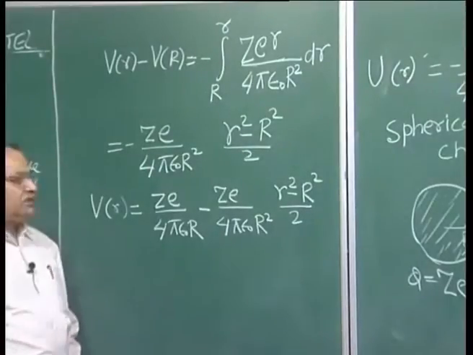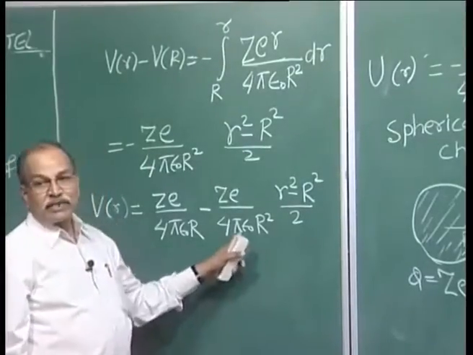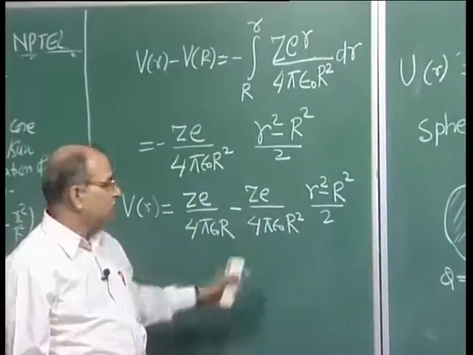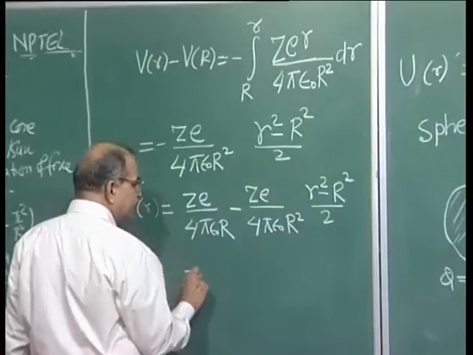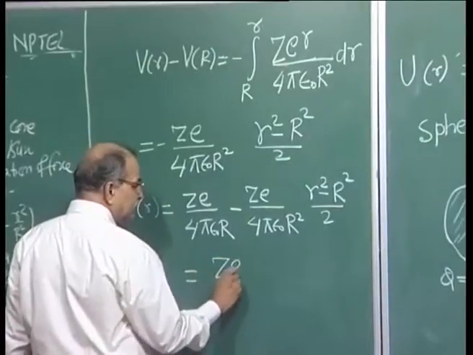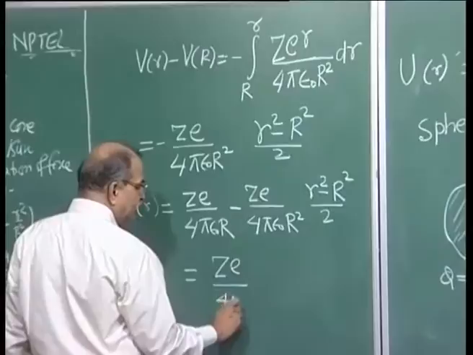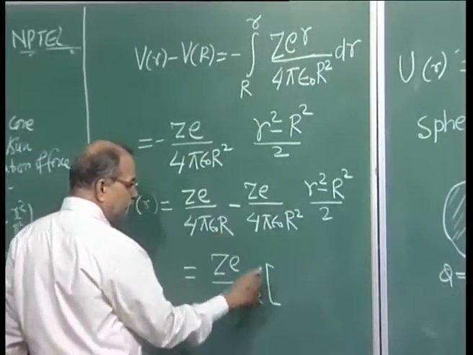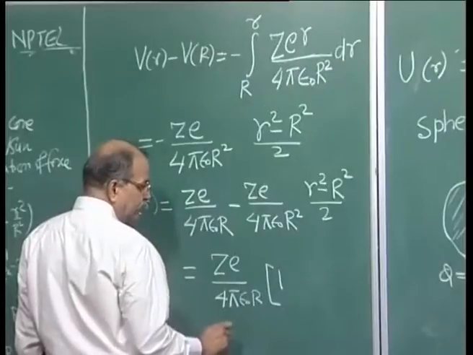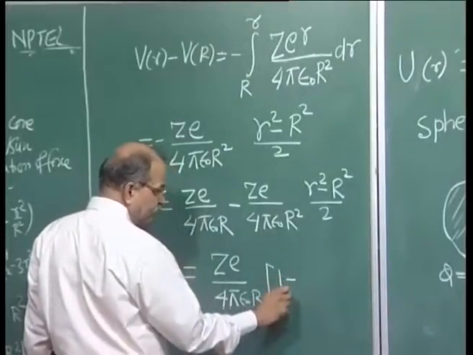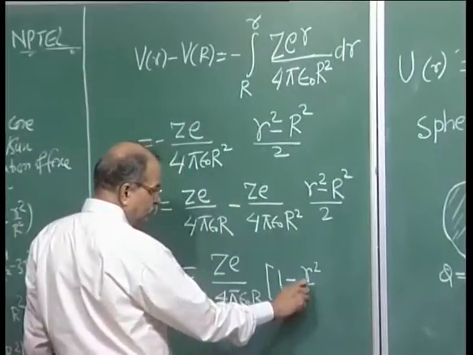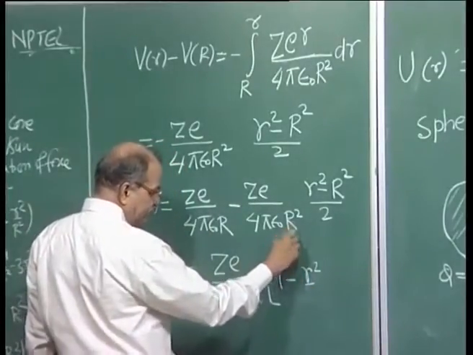So, I have gotten the potential at that distance r. I can make some simplifications, I can take something common, Ze by 4 pi epsilon naught R common.